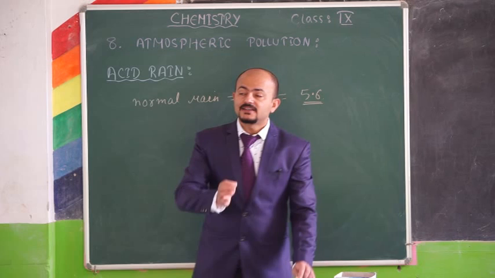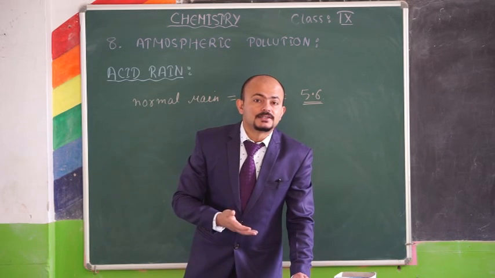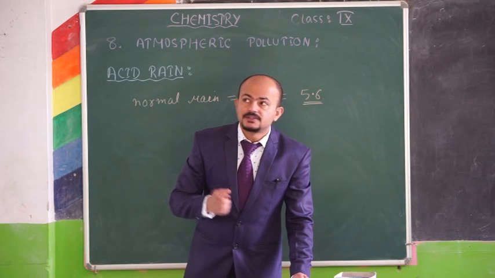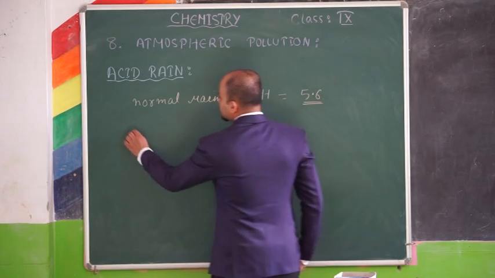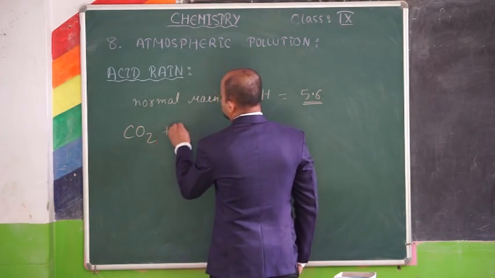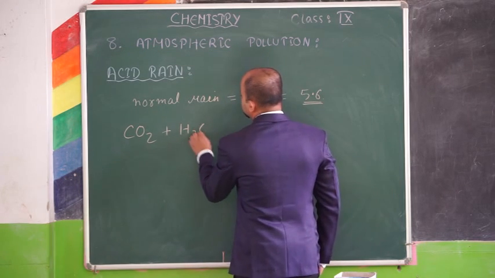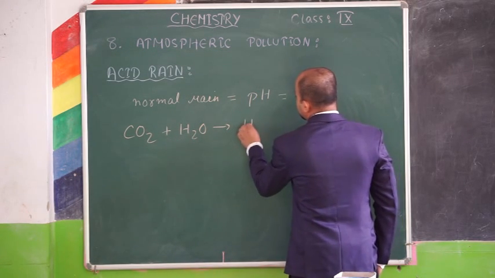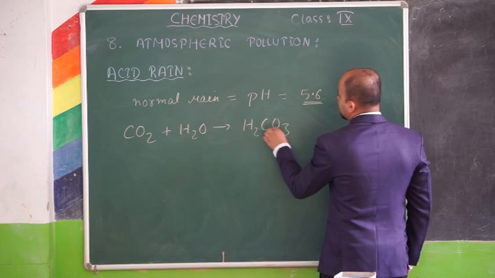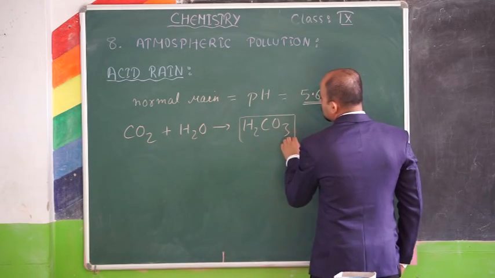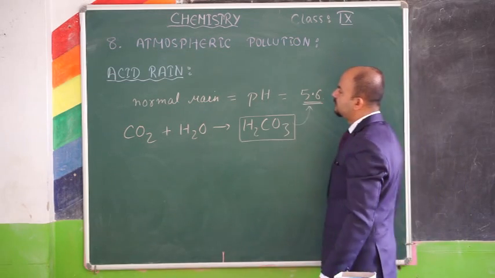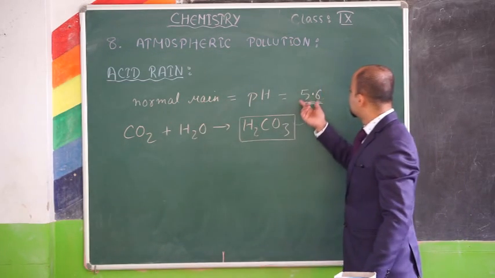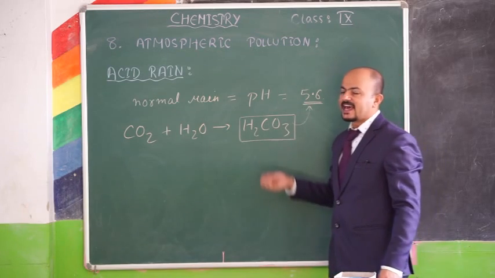Okay, so why the normal rain is slightly acidic? Because in atmosphere you have carbon dioxide. So this carbon dioxide reacts with water to form carbonic acid, H2CO3, and because of the formation of this weak acid, the pH of normal rain is 5.6, that is slightly acidic.